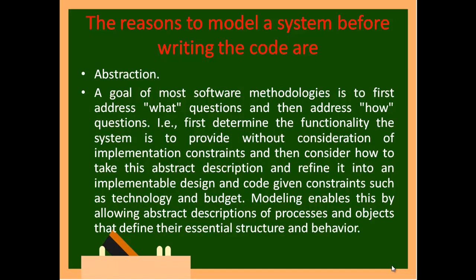Then abstraction. A goal of most software methodology is to first address the what question and then address the how questions. So this is the best example for saying need. First determine the functionality the system is to provide without consideration of implementation constraints.